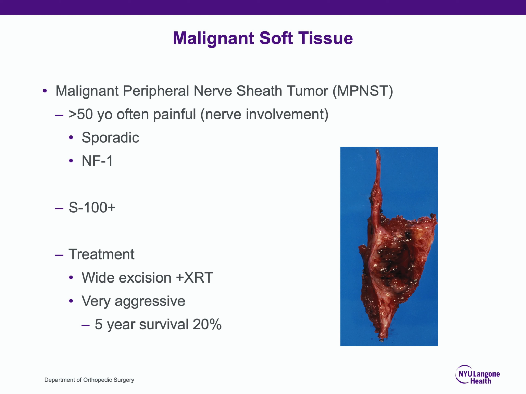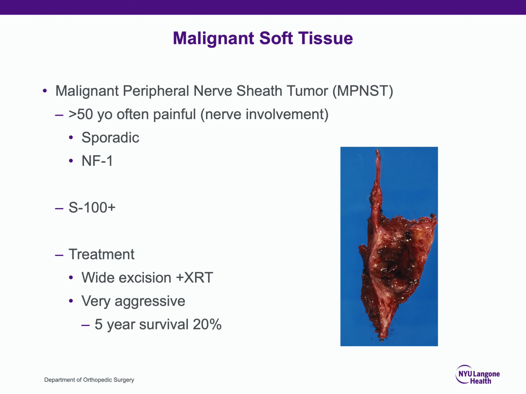But these are the ones that show up on tests. Usually it's a histologic question, basically, is what I'm getting at. So I'm going to go through some of the more common ones, certainly not an exhaustive, complete review of every single soft tissue sarcoma out there. That's a near impossible task.